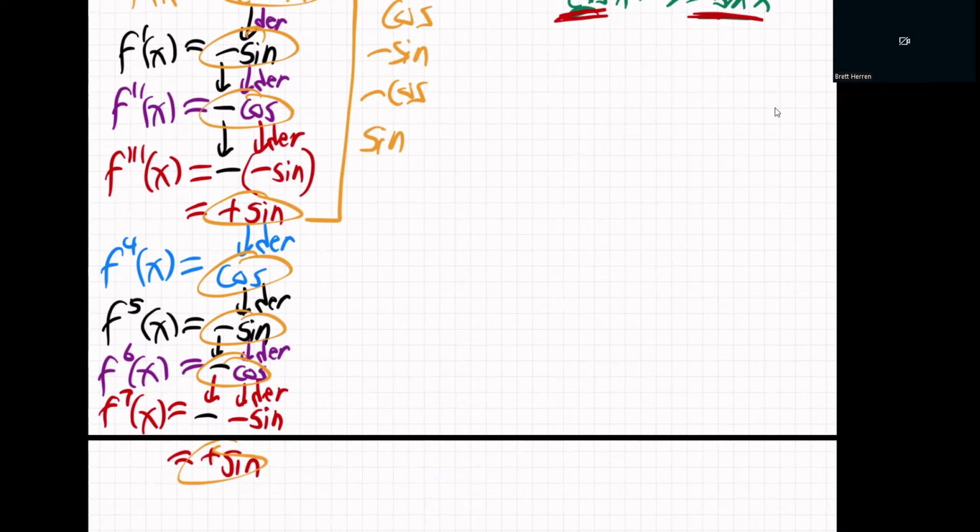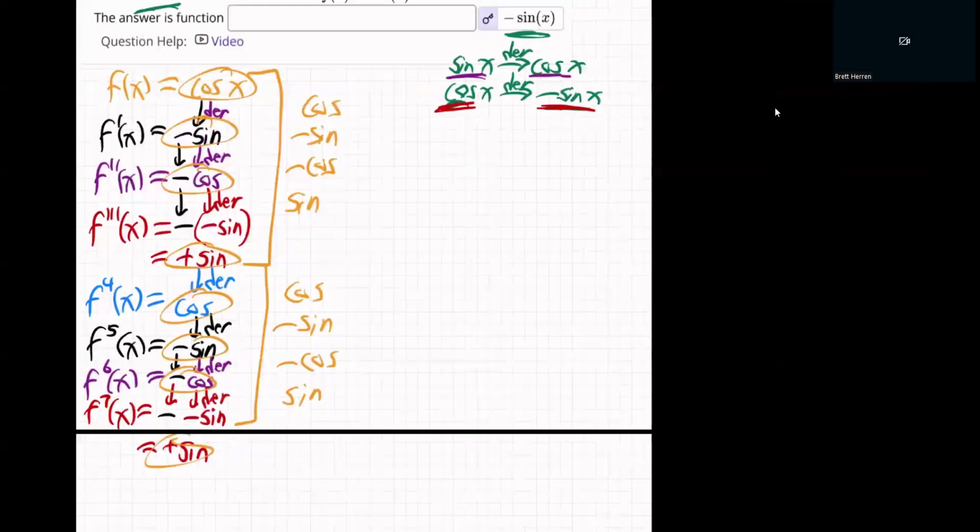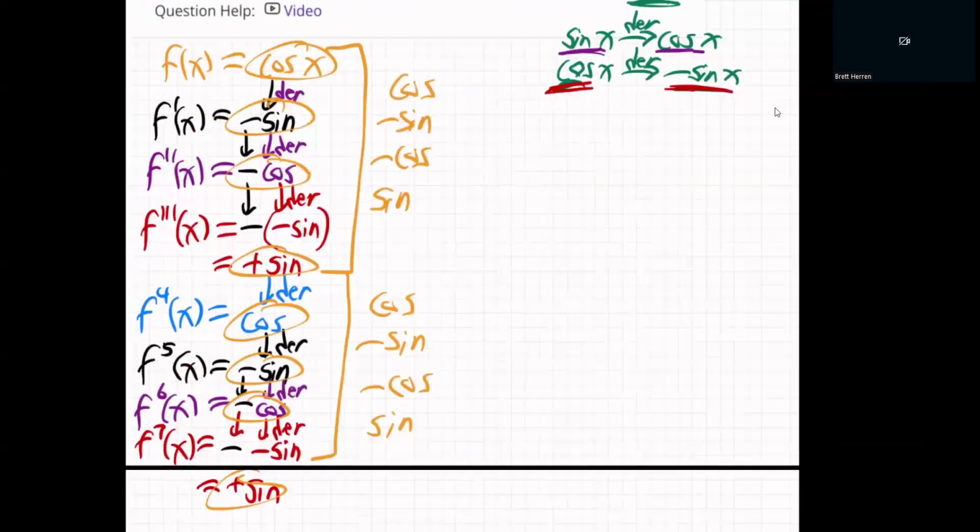Same pattern, right? Cosine, negative sine, negative cosine, sine. So it just keeps rotating through that cycle of four different things. Because anytime you take the derivative of a cofunction, it changes its sign. So it becomes negative, and then the negative co becomes positive, right? And so it just keeps going through that cycle.